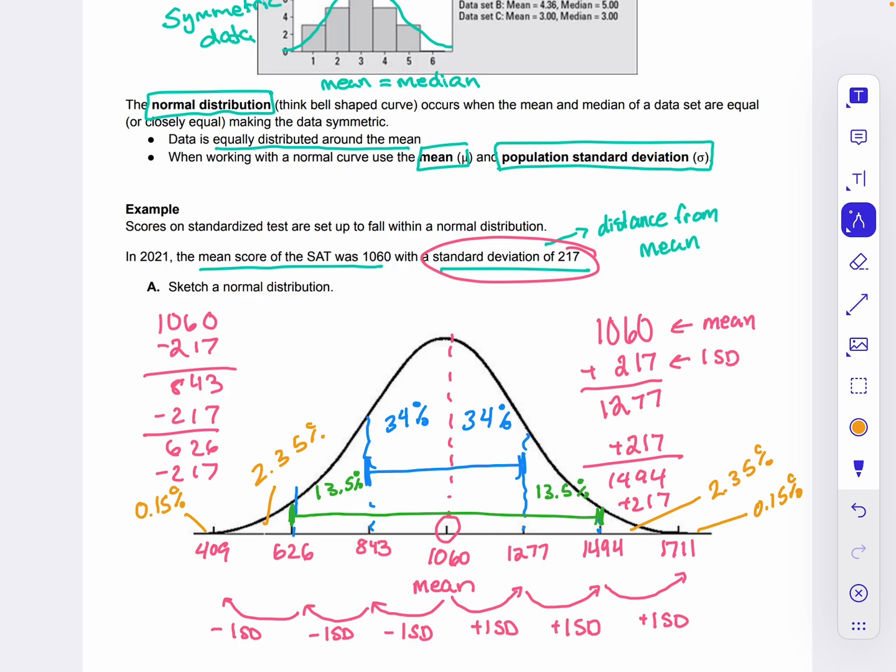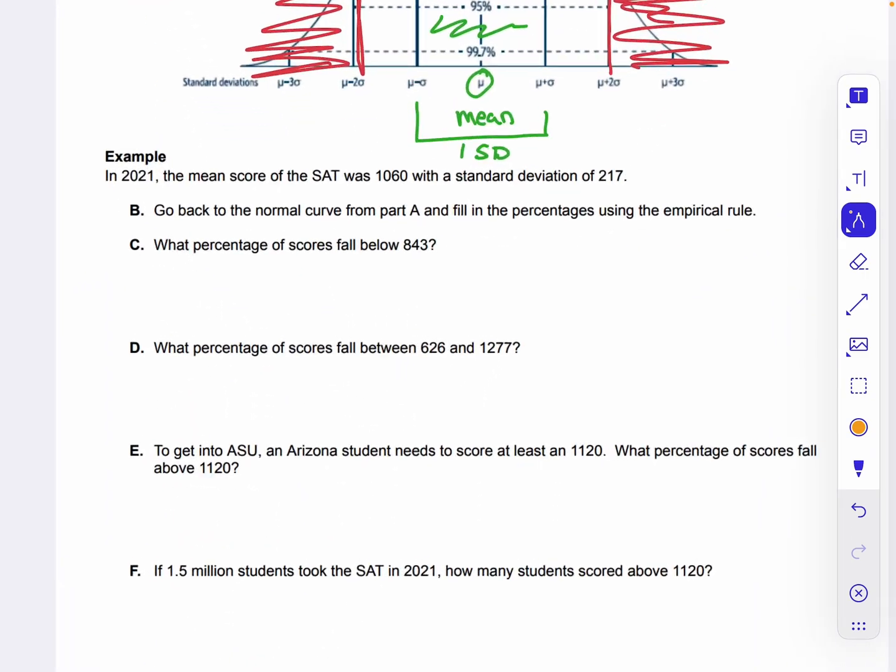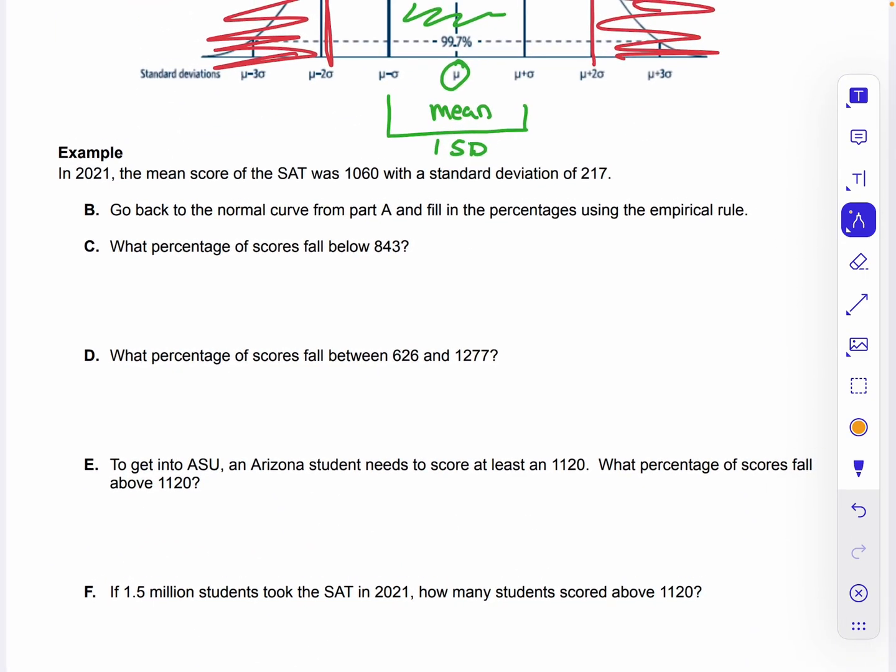So what sort of questions do we do with this percentage stuff? Well, some things that people want to know is what percentage of scores fall below a certain amount. Given this score, how many students who took the SAT probably scored below it? And so we're going to start with that 843. If you remember, this value was 1 standard deviation below the mean.